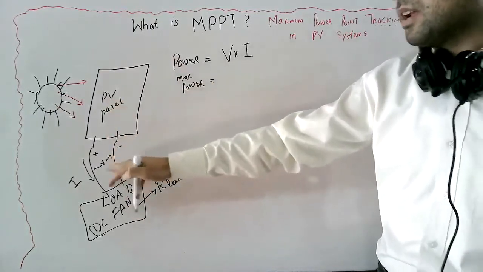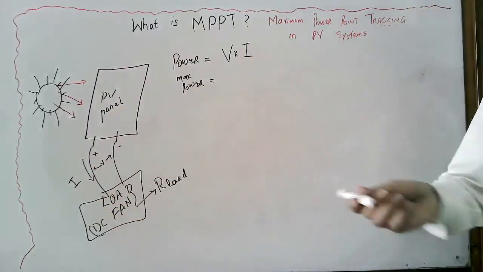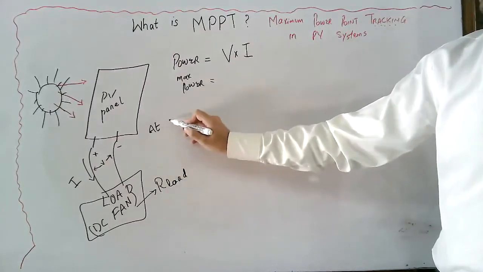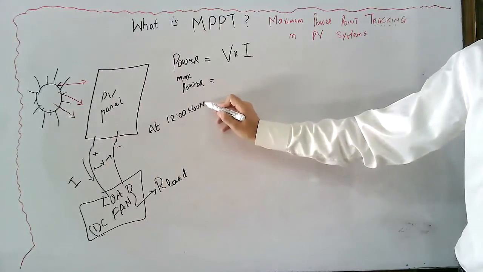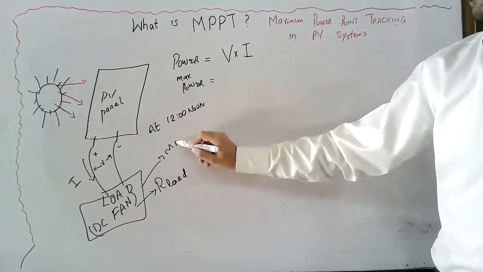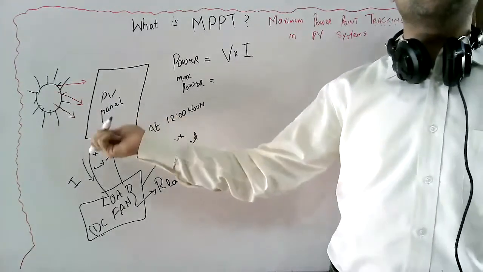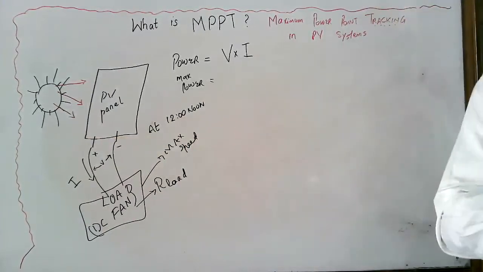Whatever the voltage is, whatever the current will be, there is a load, and it will run the fan. At 12 noon, the fan will be running at maximum speed. Why? Because at that time the available energy is more and the voltage is higher. Obviously, fan speed depends on the voltage.